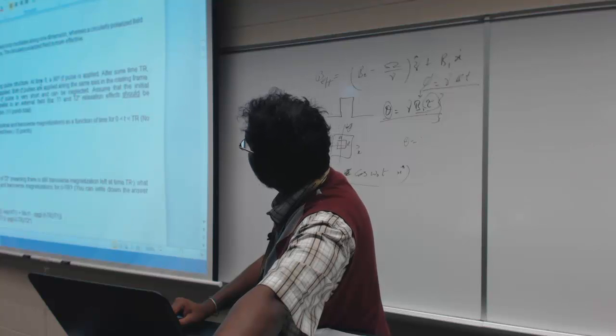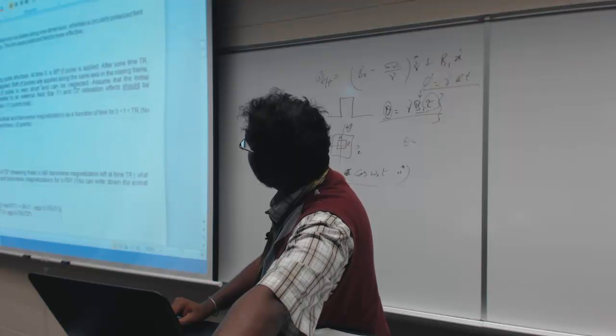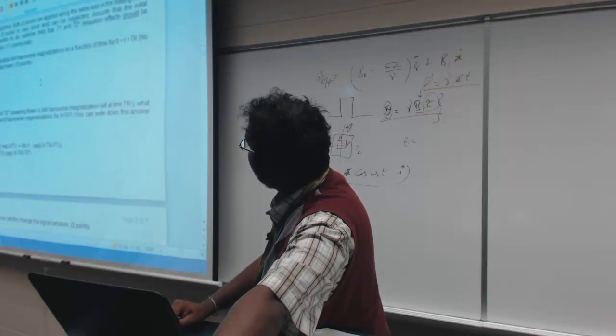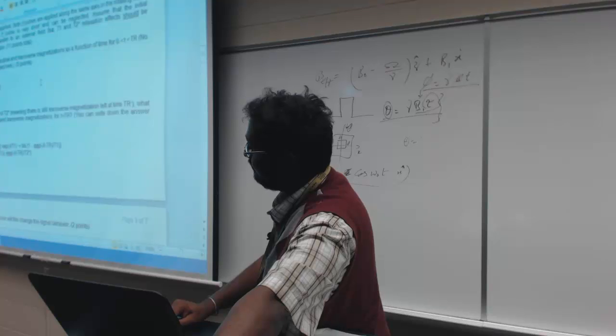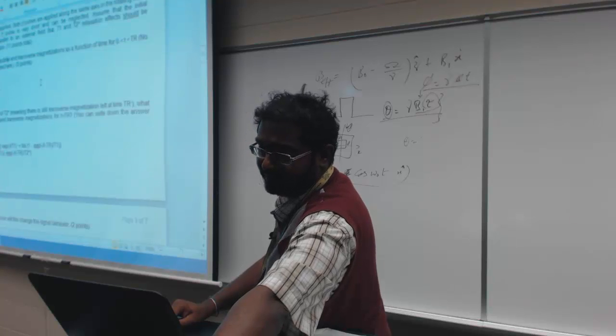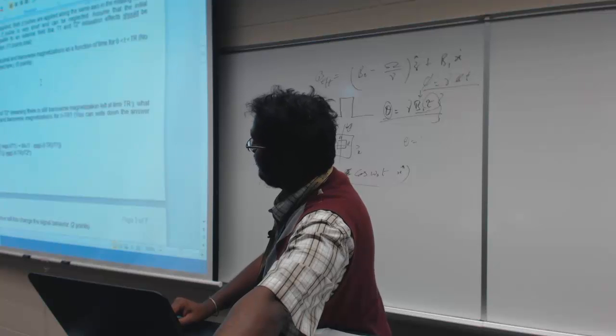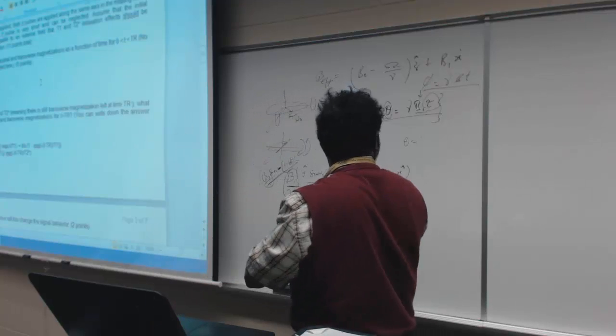So this one is, okay, did you guys draw the RF pulse structure and then figure out what the recovery of magnetization was? This is what it's asking right here.